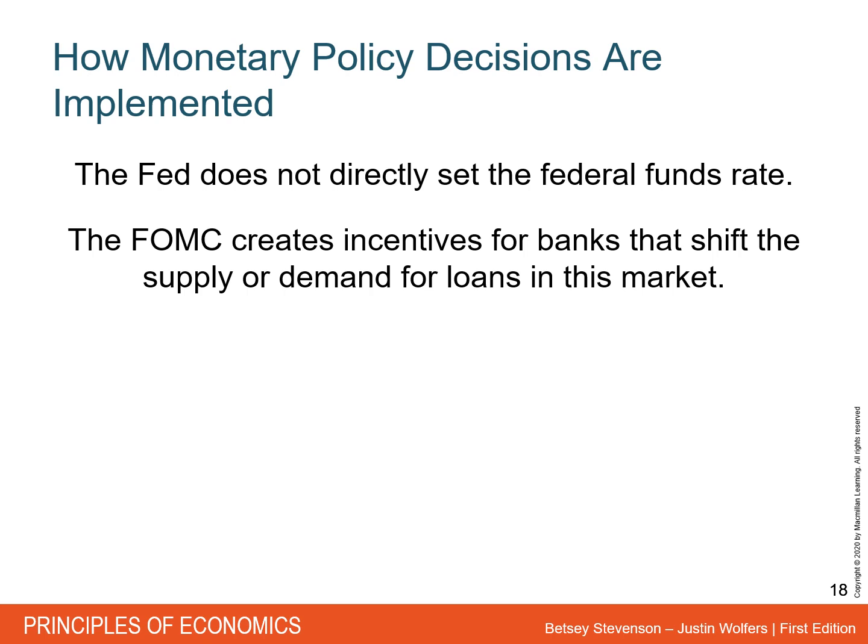What they will do is provide incentives for banks to either increase or decrease our supply and demand for loans in the federal funds market. And that increase or decrease in supply or demand will change how much the actual price for money is. And that price for money is our federal funds rate, this interest rate that banks charge each other.